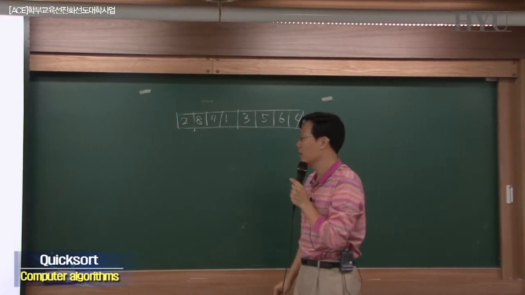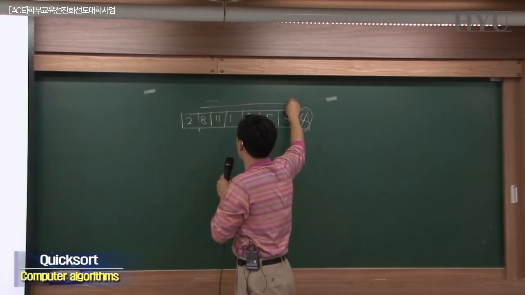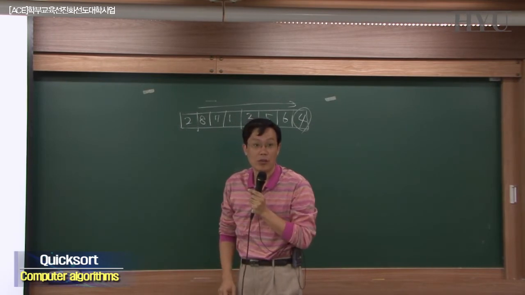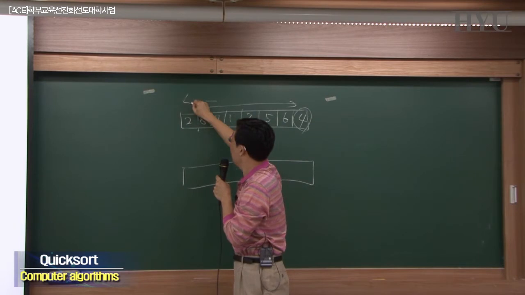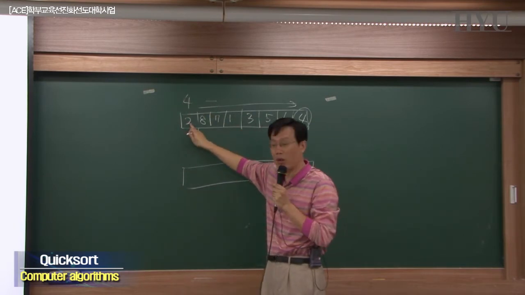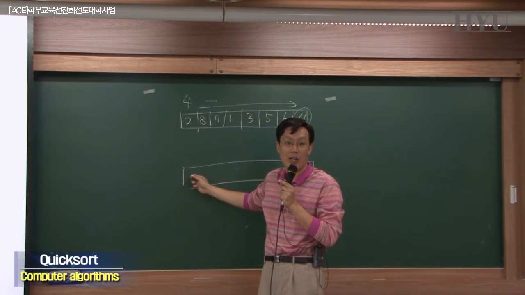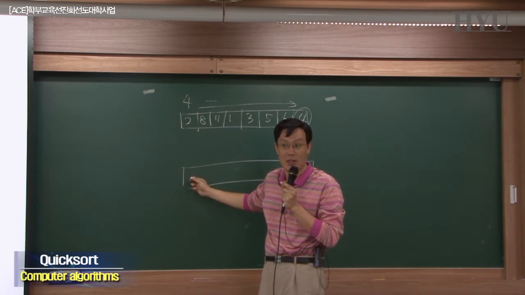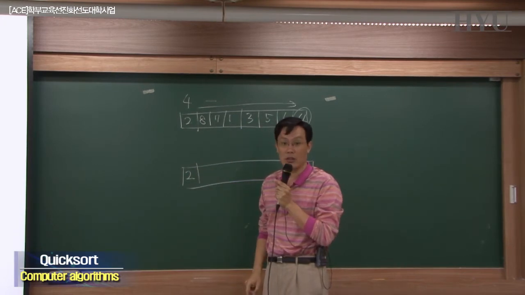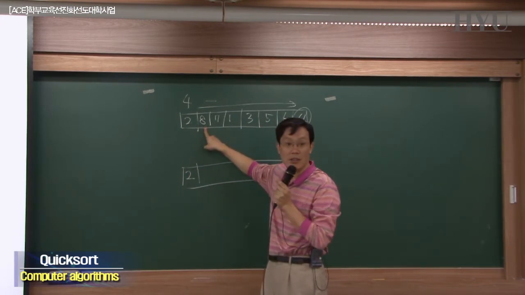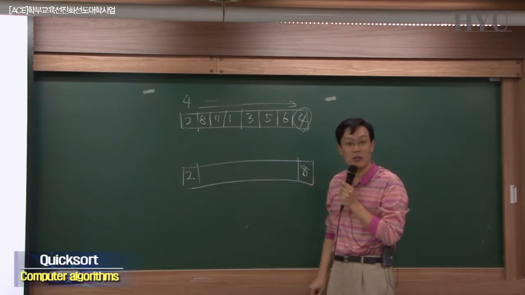Okay, then with the number 4, scan this array from left to right. 2 is smaller than 4, so we allocate an additional array like this and move 2 to here. And how about this? 8 is bigger than 4, so place it here.